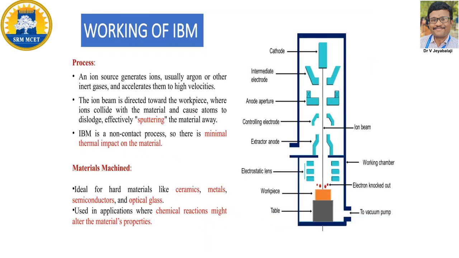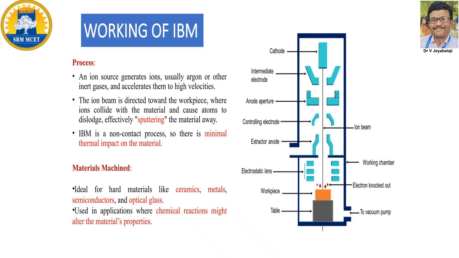This is the working of the ion beam machining process. Here these are the parts: cathode, intermediate electrode, anode aperture, controlling electrode, excited anode, ion beam, working chamber, electrostatic lens, and this is the workpiece where we have to remove the material. Let us see the process.